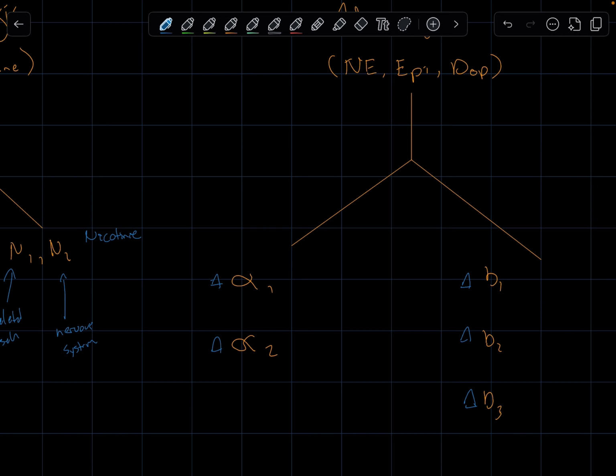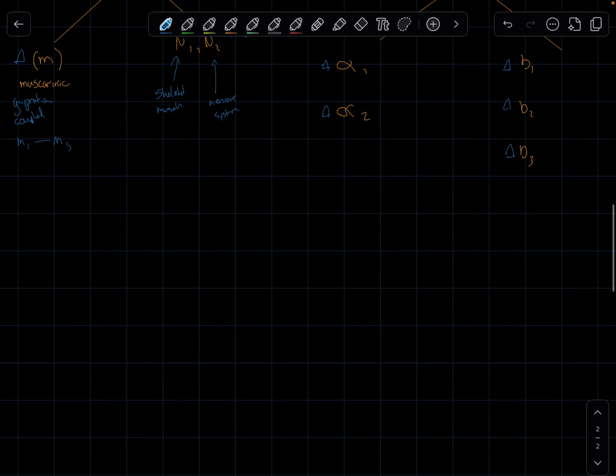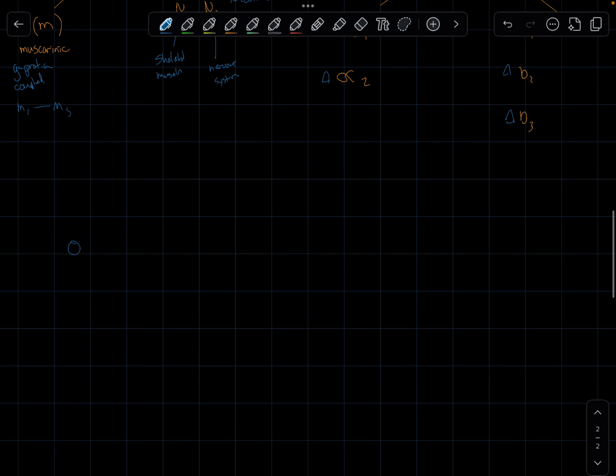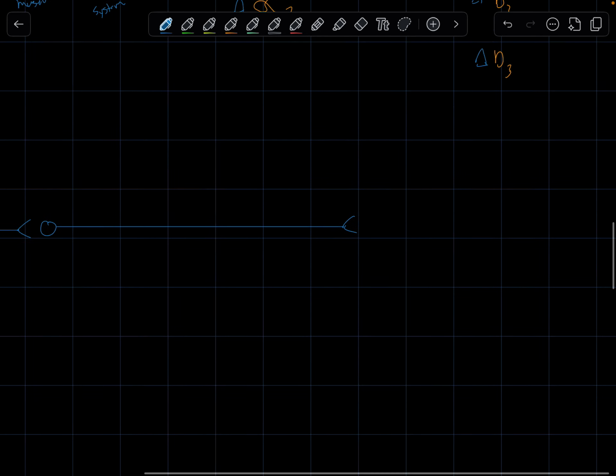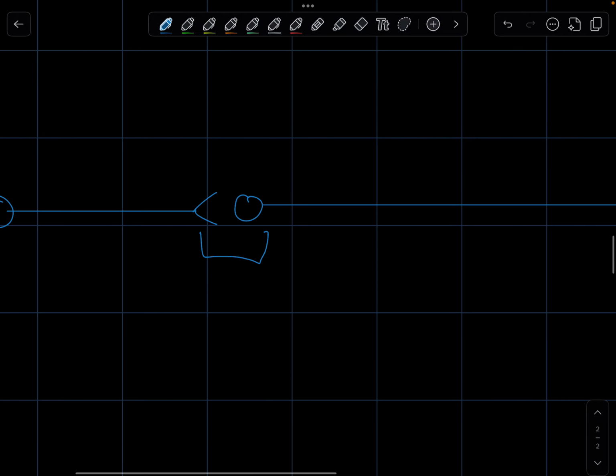Okay, we're going to talk about what happens when these receptors are targeted by these stimuli. So we'll start off with alpha 1. We'll start off with this picture. So in the sympathetic nerve or pathway, right, we have a short pre and a long postsynaptic. Okay. Now right here, I'll blow it up.